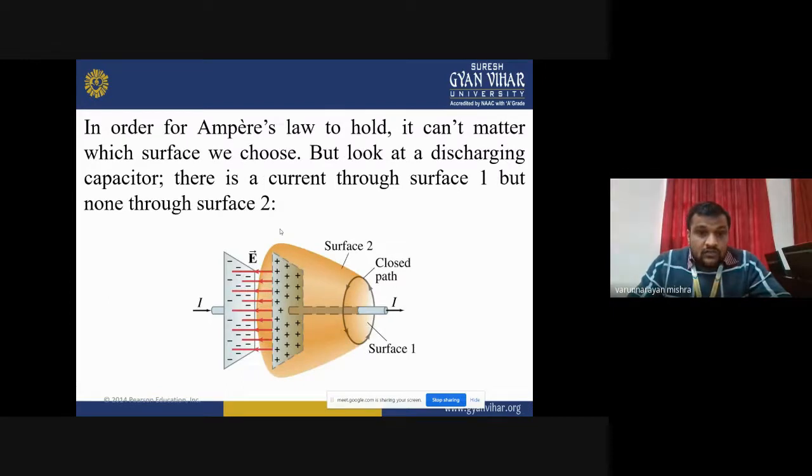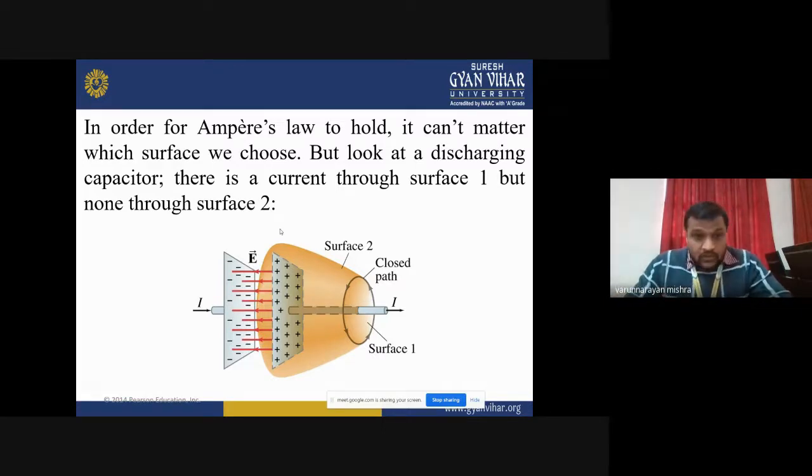It doesn't matter which surface we choose, but because of the movement of the charged particles and the change in the electric field, a magnetic field is created, and that magnetic field passes through the closed path around the movement of those charged particles.